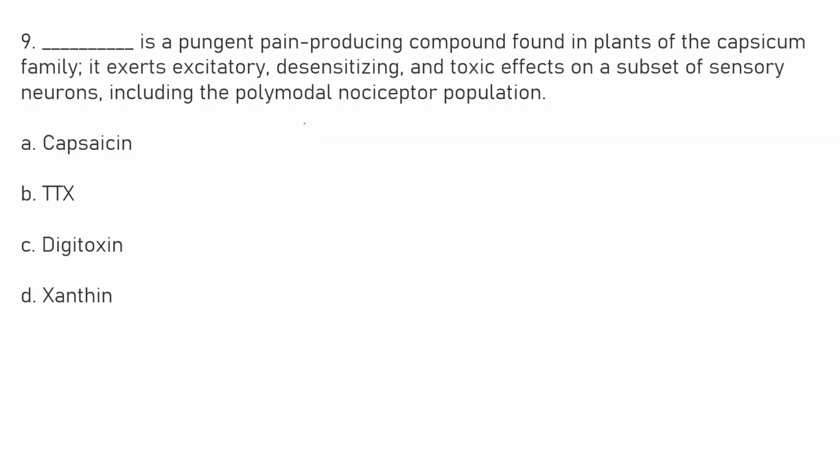So which is this compound? Yeah, so most of the people have answered correctly. It's option A. It's kind of evident from the question. Plants of the capsicum family will produce a compound like capsaicin.